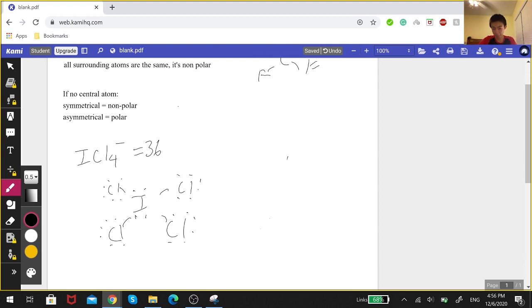And also, one more thing. If you're feeling lazy to write all these Cls and all these dots, what you can do is write lines instead. One line means 2 dots, so these two mean the same thing.